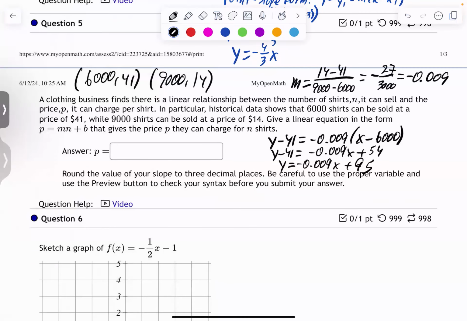So my answer is going to be P, not Y, equals negative 0.009 x. That should be N, actually, plus 95. So here is my equation.